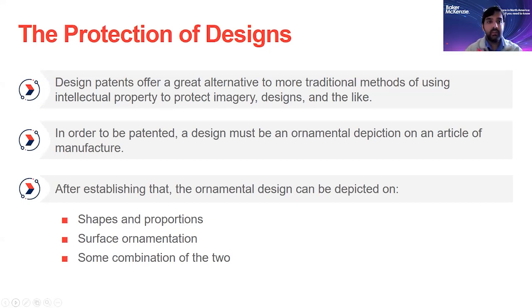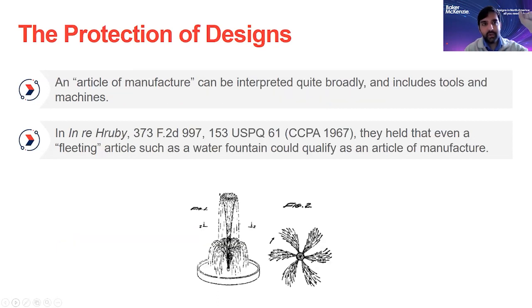For example, what is the shape? What are the proportions of the various edges or sides of this object? What kind of surface ornamentation do we have? Do we have some designs? Do we have ridges? Or any combination of these aspects? So we're looking at ornamental aspects, not functional aspects.